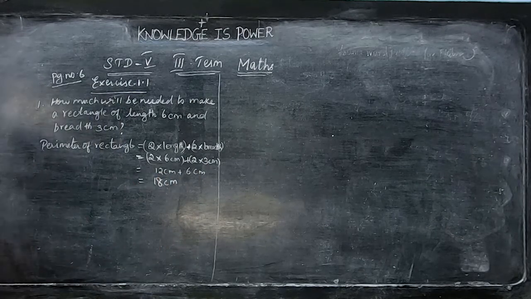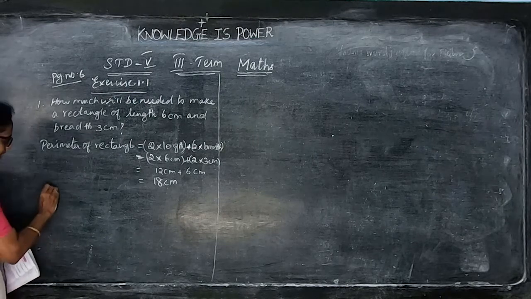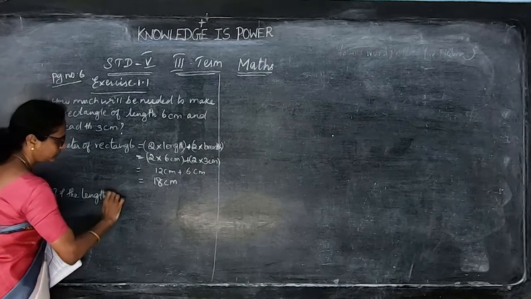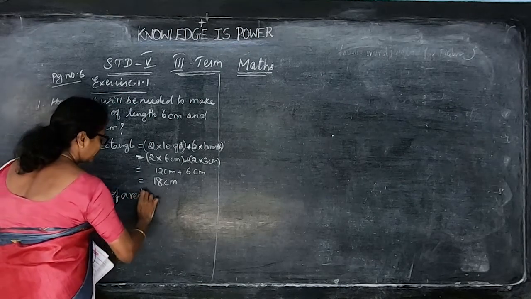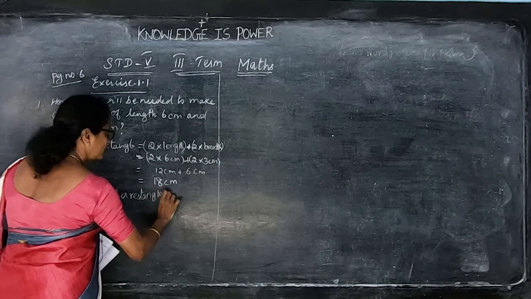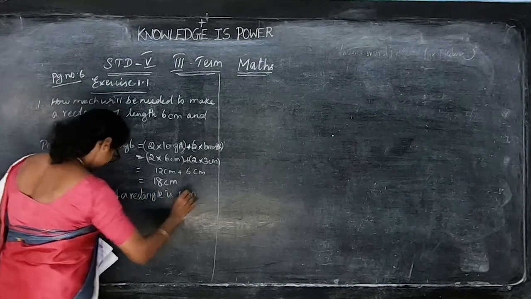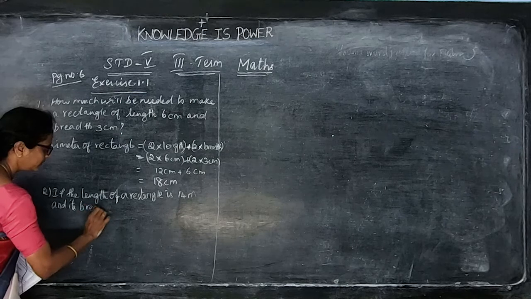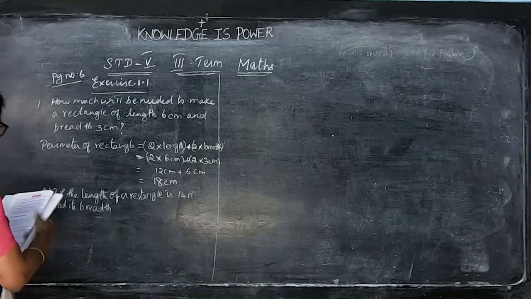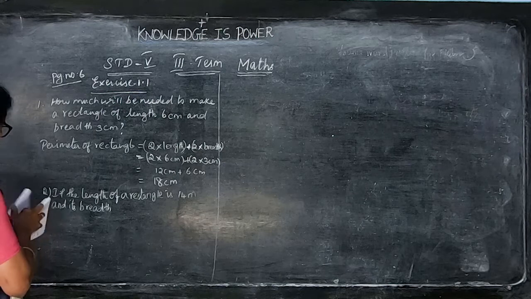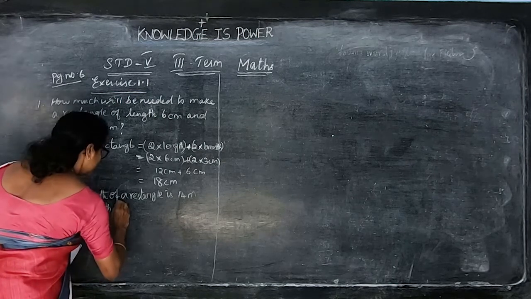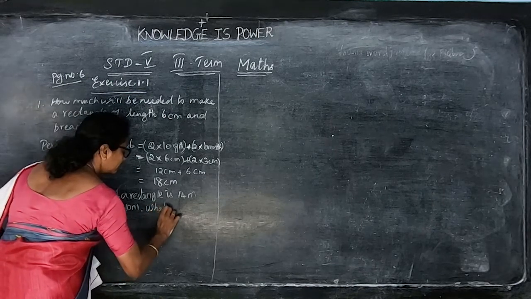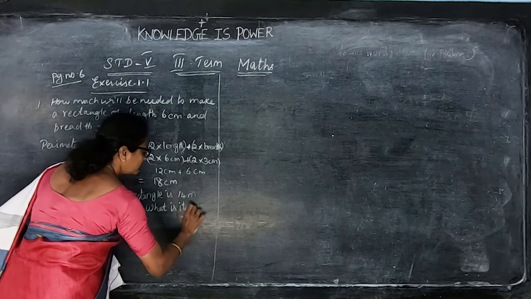Okay. The next one. If the length of a rectangle is 14 meter and its breadth is 10 meter, what is its perimeter?